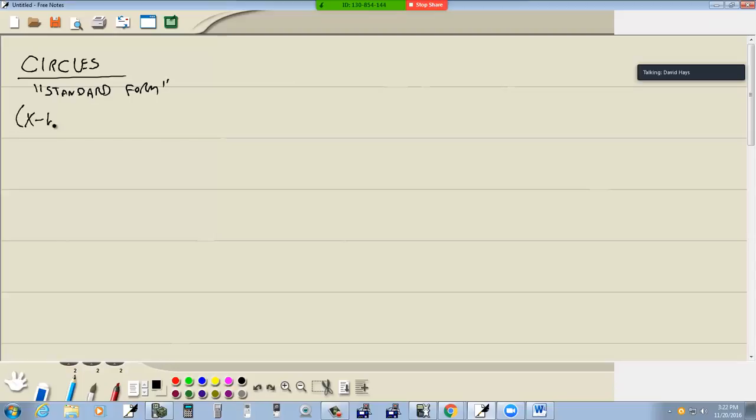And that's x minus h squared plus y minus k squared is equal to r squared. Now if you have it in that form, then your center is going to be h, k, and your radius is going to be r.